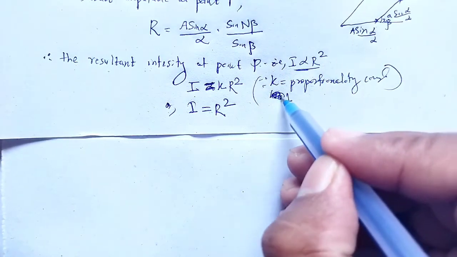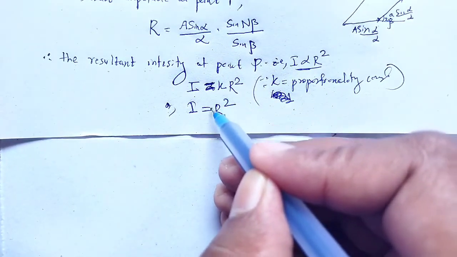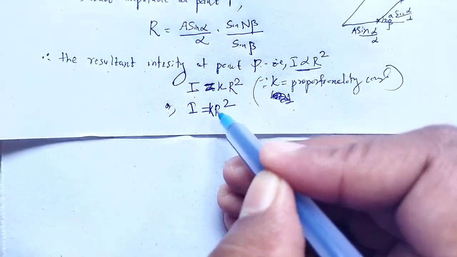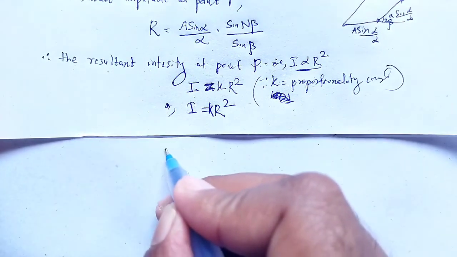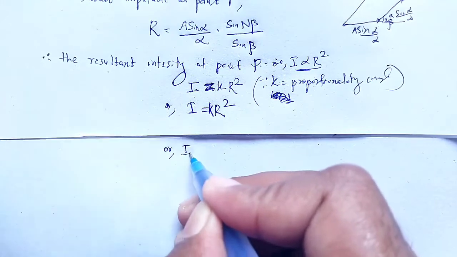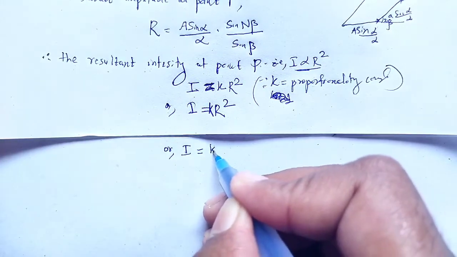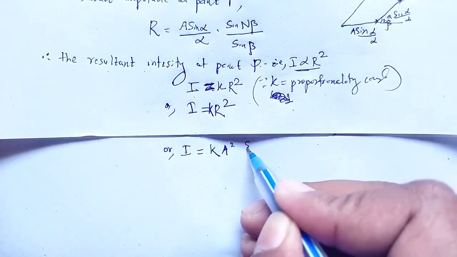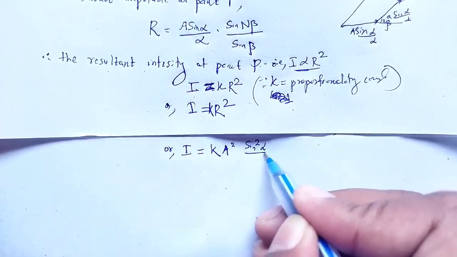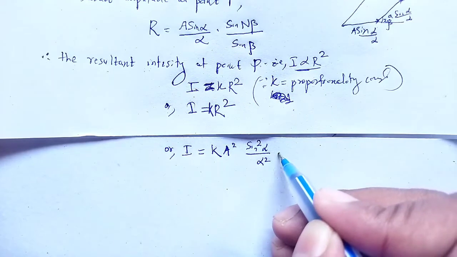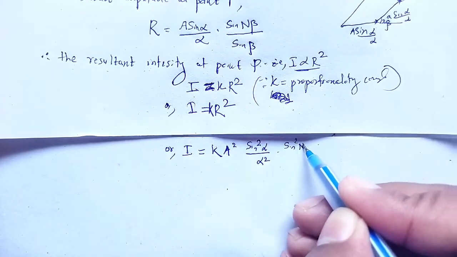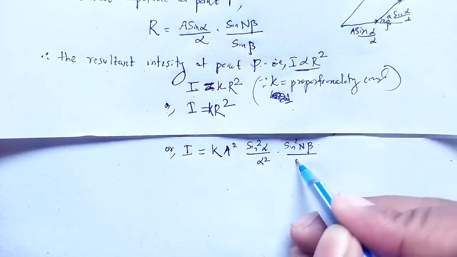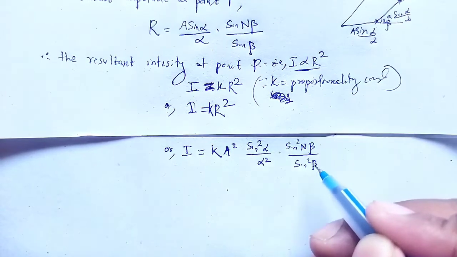Here, k not equal to 1, we have k r square, or I is equal to, the value of r is put in, so a square sin square alpha by alpha square into sin square n beta divided by sin square beta.